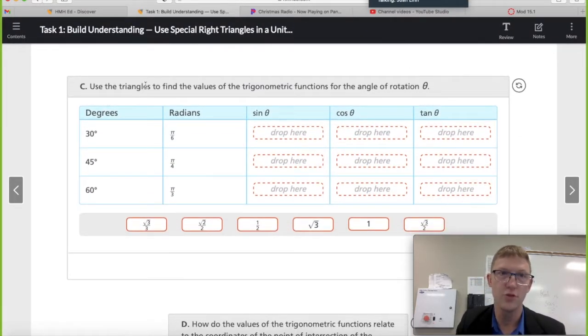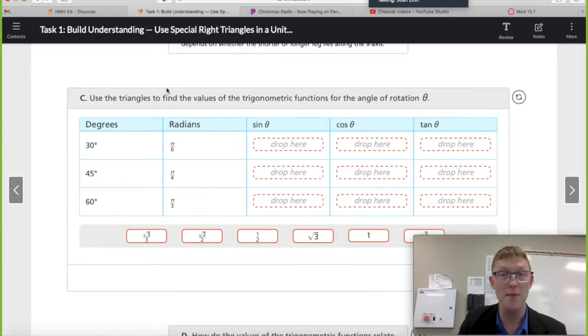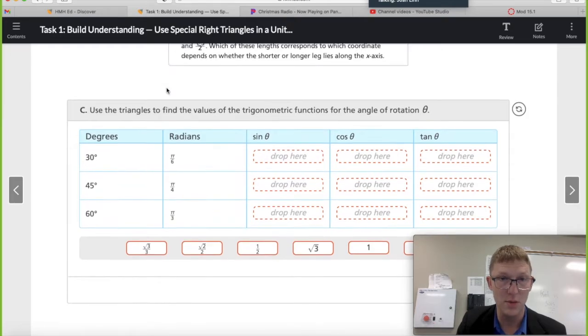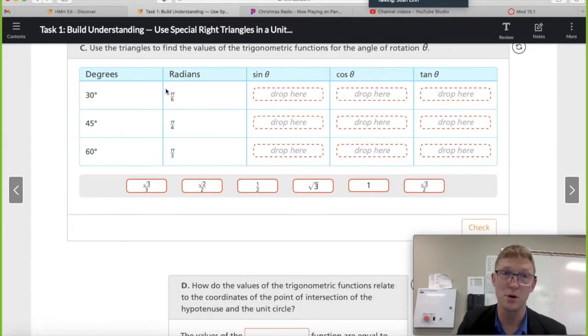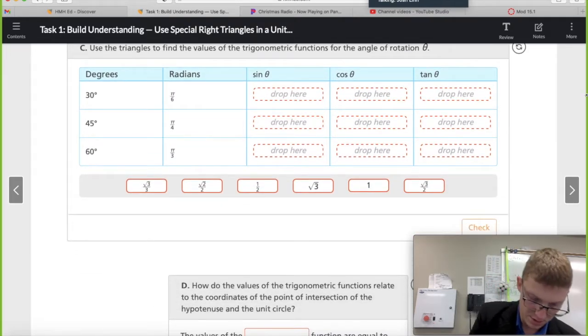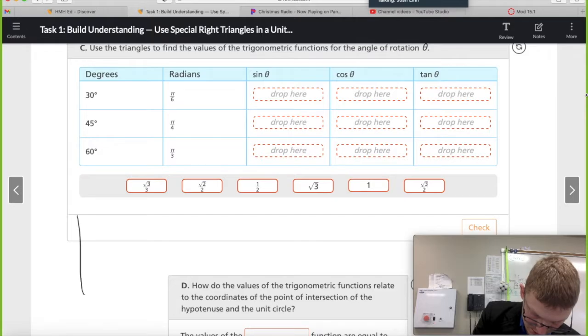So use the triangles to find the values of the trigonometric functions for the angle of rotation theta. I'm bad at this, so you know what I'm going to do? I'm going to draw a picture. We'll change some colors. So here is my coordinate plane.